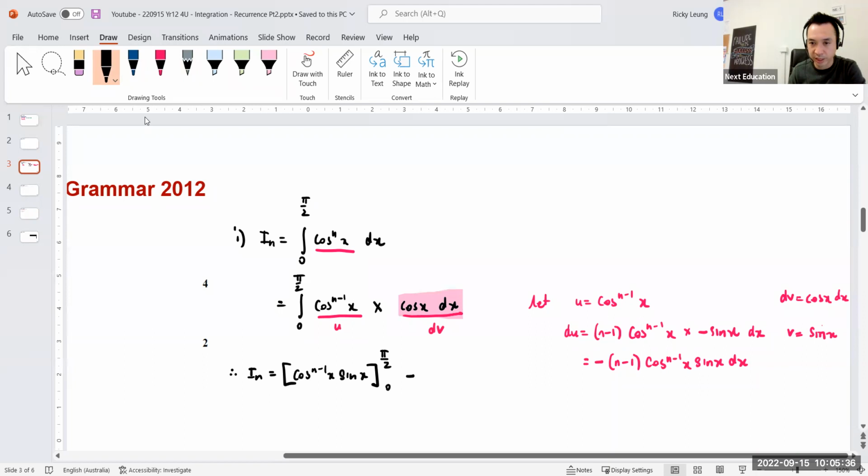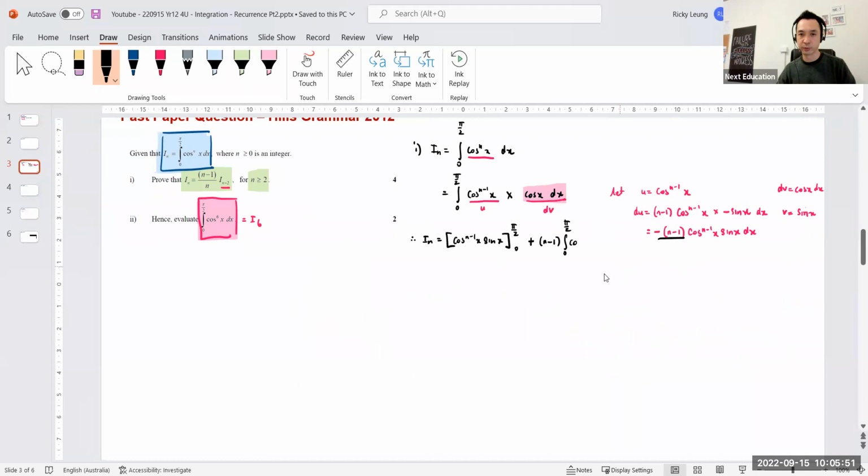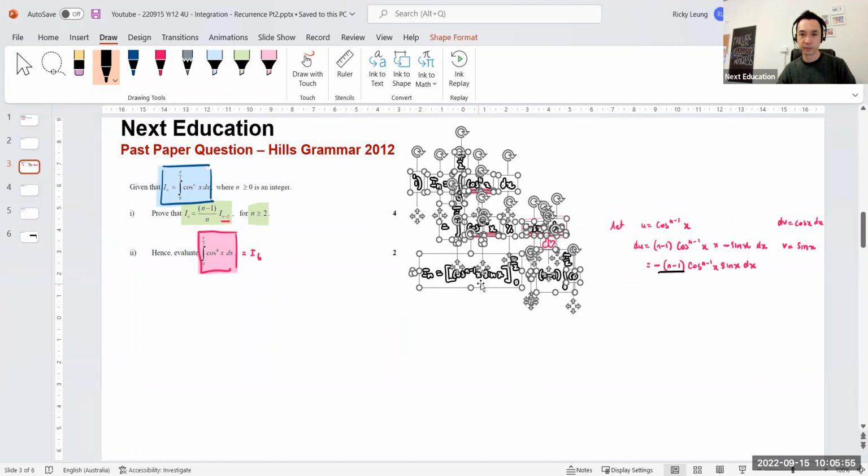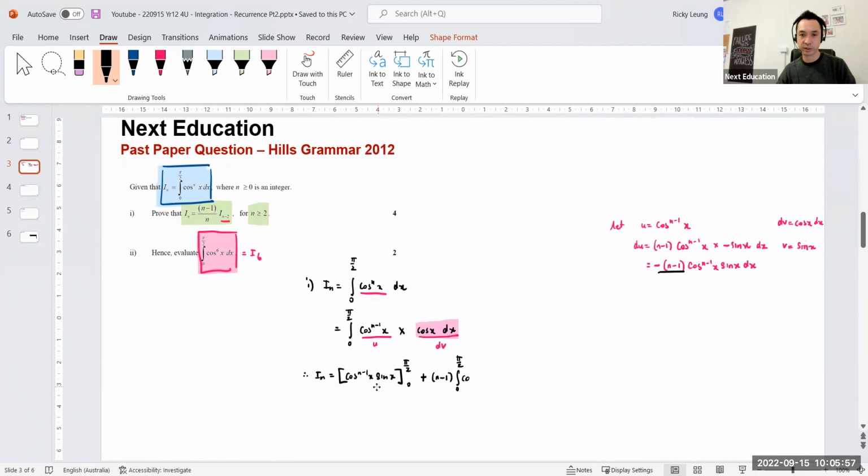So I'm pulling out the constants, which is that guy outside, so it'll be plus n minus 1 integral between the limits of that. This function times this now, sine times sine, sine squared, so it'll be cos. I didn't have enough horizontal space, so bear with me. Ooh, I'm on the edge. Going to move this one down here.